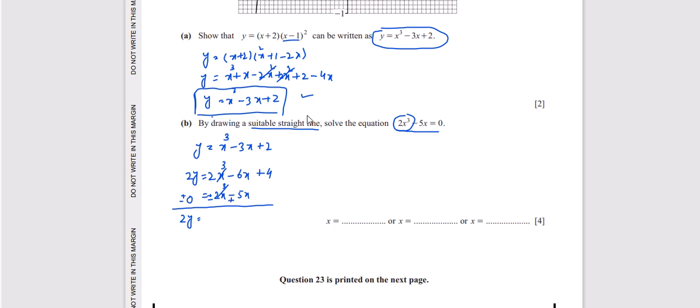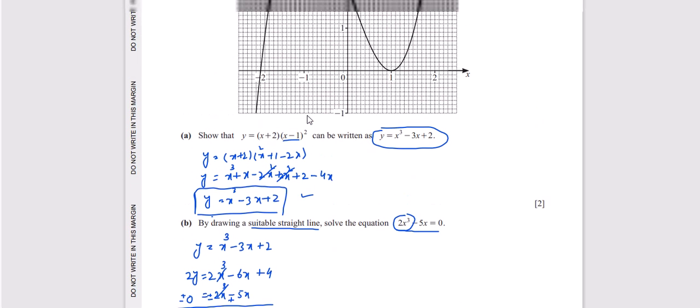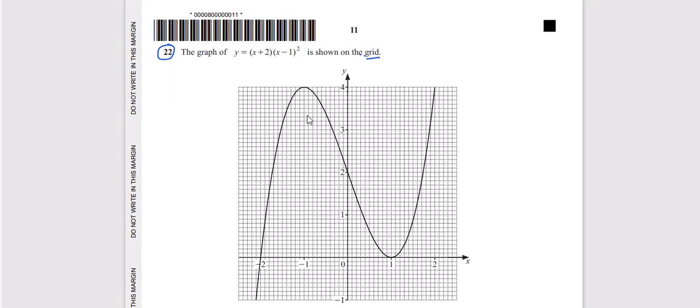Remaining is −6x + 5x, that is −x, plus 4. So 2y is equal to −x + 4, and dividing by 2 we get y is equal to −1/2 x + 2. This is the required line.